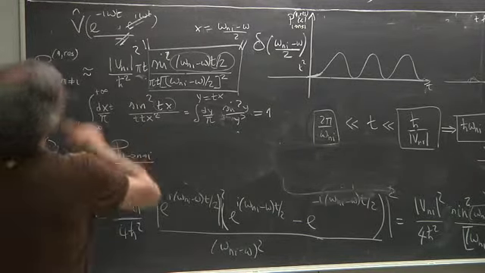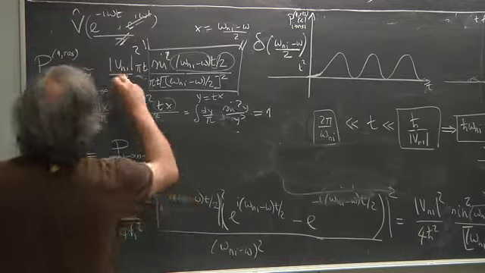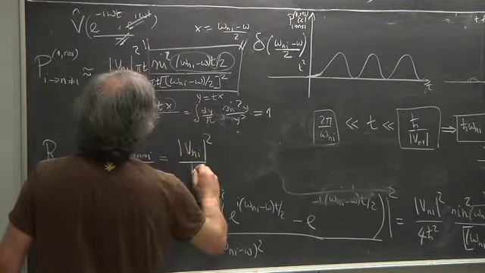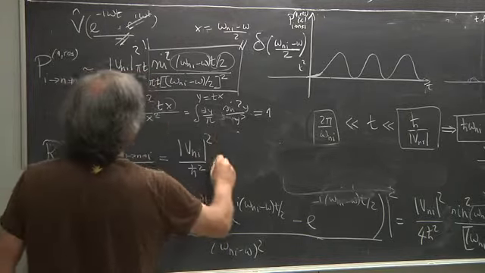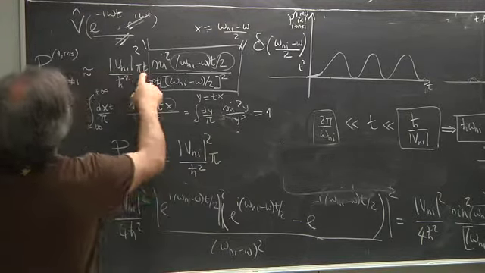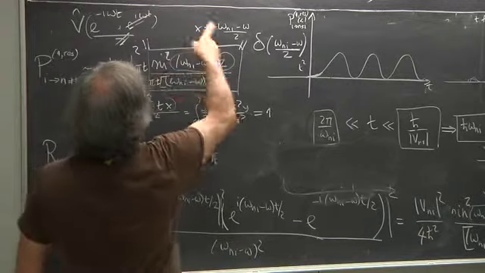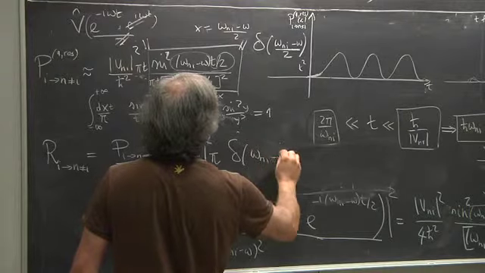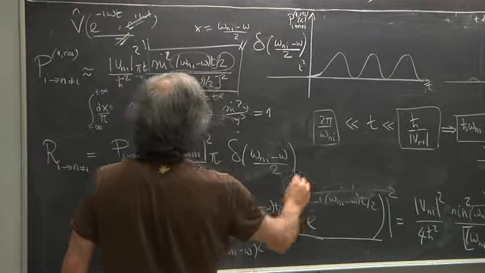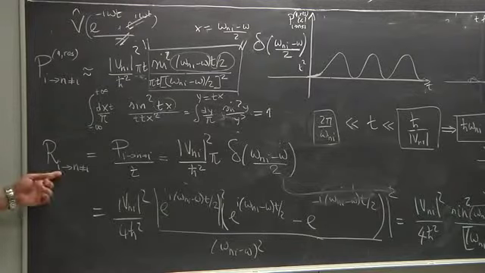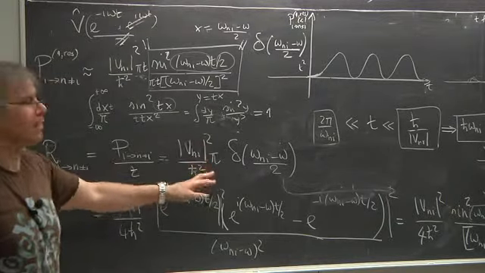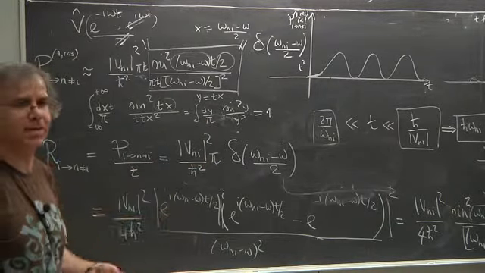At this point, it looks like a tremendous trick. I do have modulo square of V n I over h bar square with a single factor pi. There is no longer a t. And this object here, in quotation marks, is just a delta function of omega ni minus omega over 2. So the rate, probability per unit time, is a reasonable thing. Obviously, the usual assumption is that these things have not to become large.